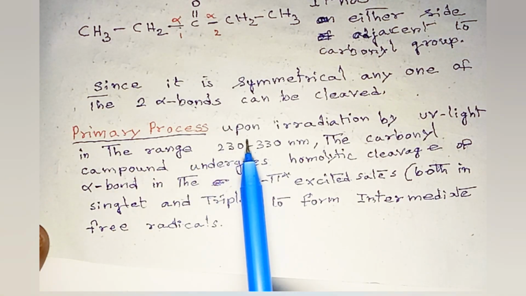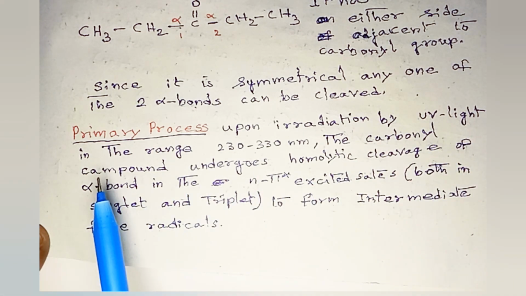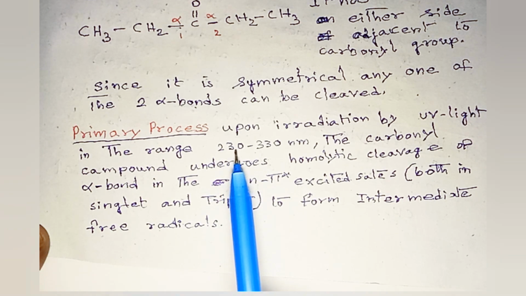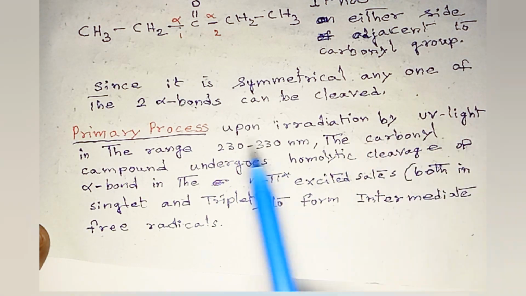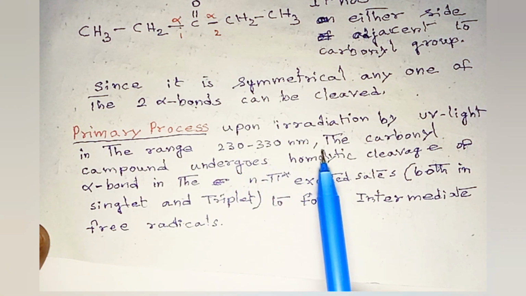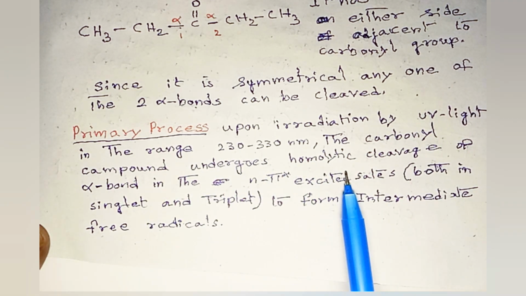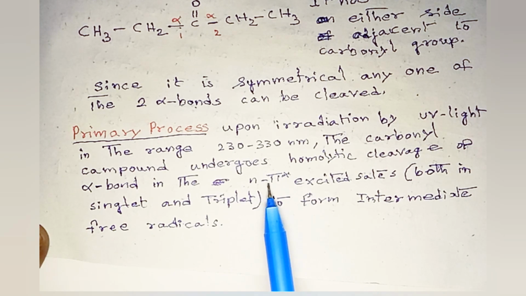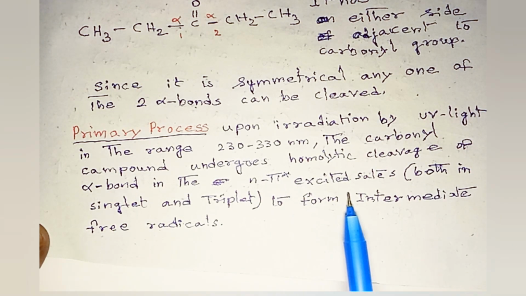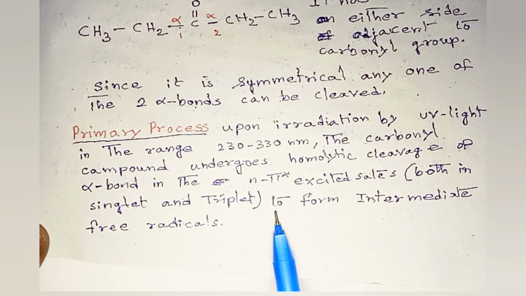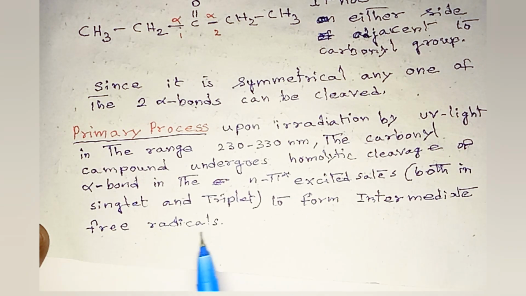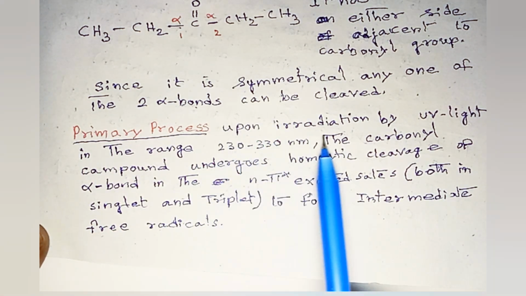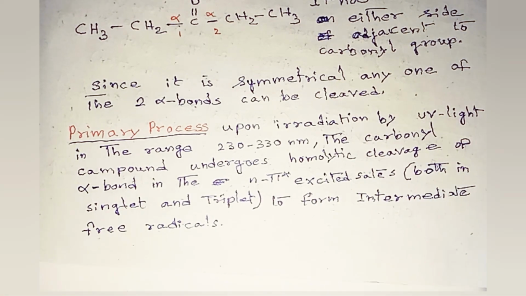In the primary process, upon irradiation by UV light in the range 230 to 330 nanometers, the carbonyl compound undergoes homolytic cleavage of the alpha bond in n to pi star excited states, both in the singlet and triplet states, to form intermediate free radicals. So this is the primary process in which we get free radicals.